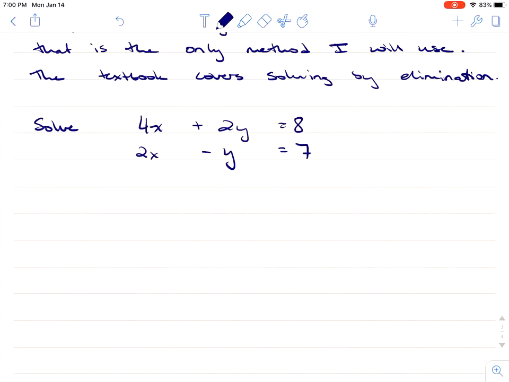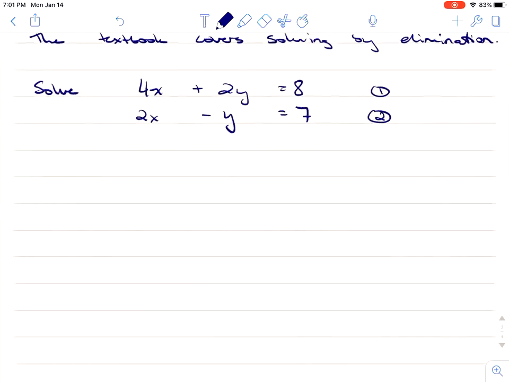The first thing I'm going to do is number these 1 and 2 just to make it easier to refer to them. And then as I go, I'll make little notes to myself what I'm doing. Try to make it clear.